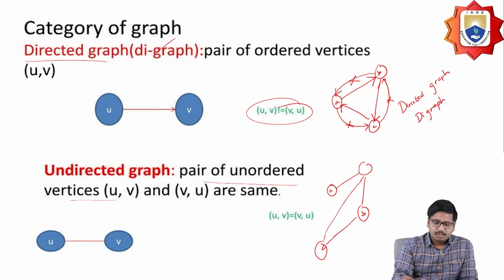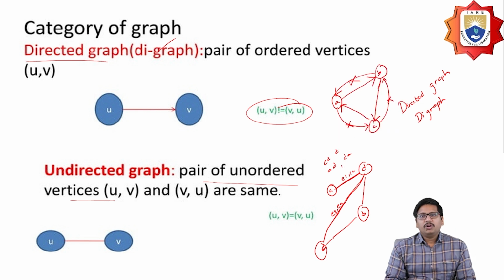So here I have an edge from A to D as well as D to A. This is the edge E1, and similarly I have an edge from D to C, E3, E4, C to D and D to C as well.